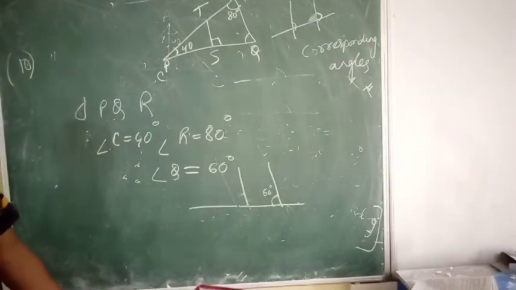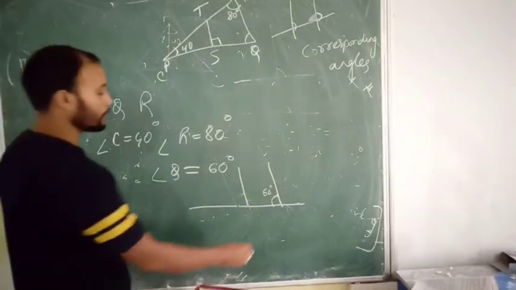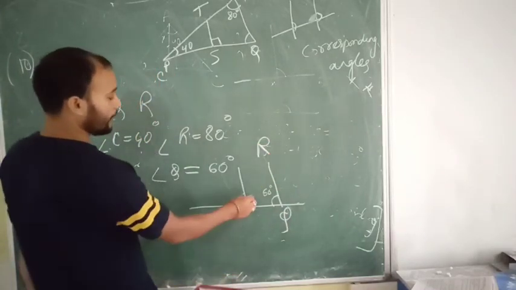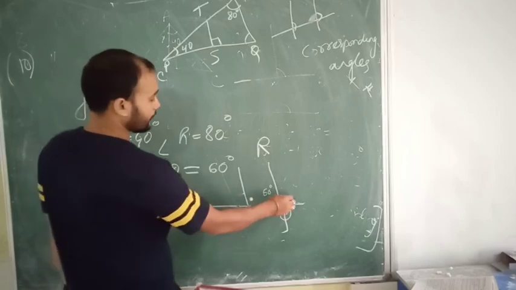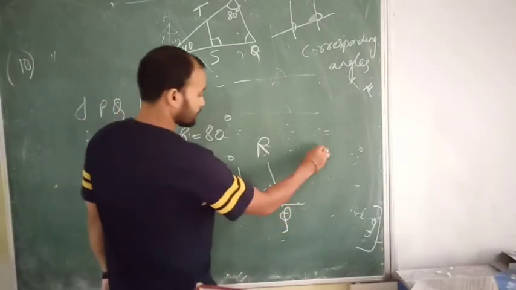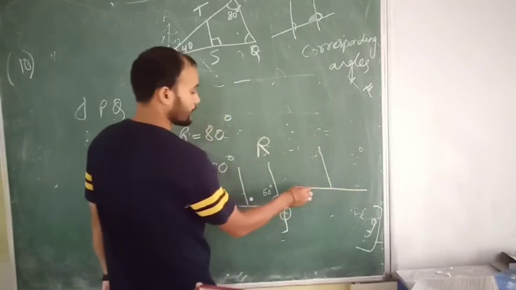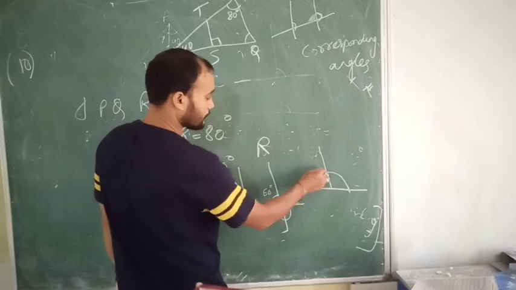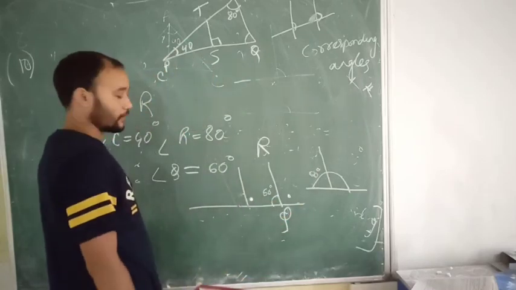How we are going to do this? See, this is Q. This is R. In order to find this angle, we should find this angle. Now, what is the measure of this angle? See, this entire angle is a straight angle. This is 180 degrees. Entire is 180 degrees. This is 60 degrees.